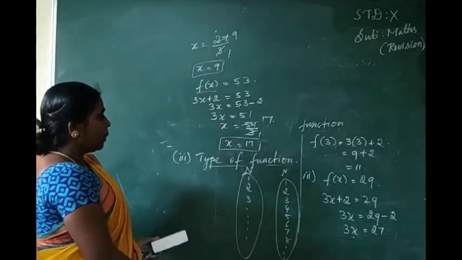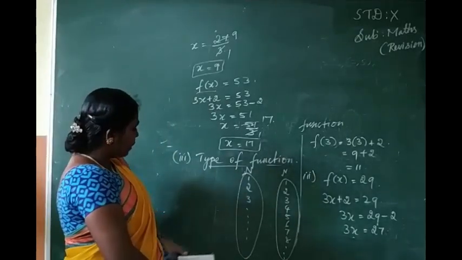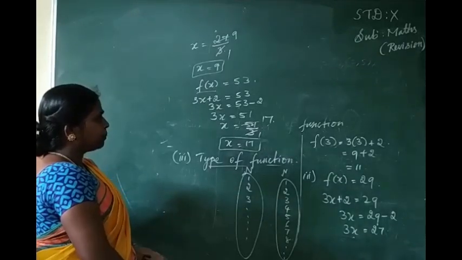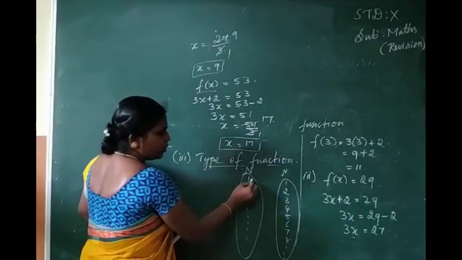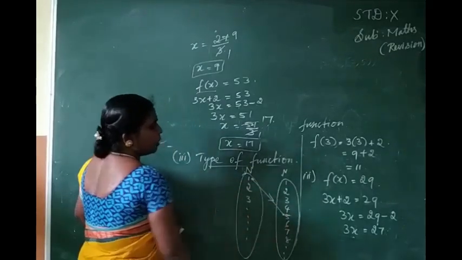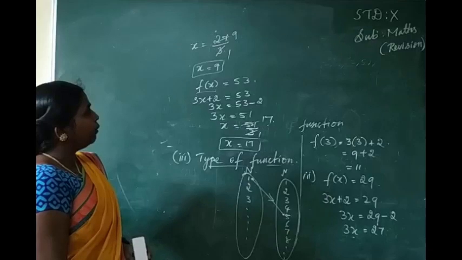Okay. So first, when x equal to 1, we got one value in the first part. x equal to 1 means we got 5, isn't it? So you mark this: f of 1 equal to 5.